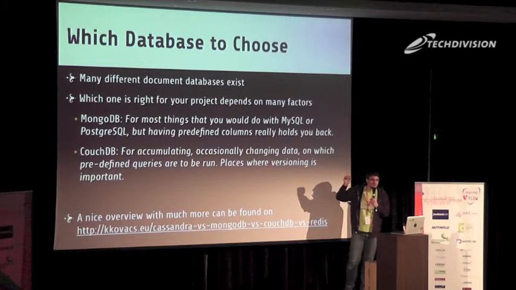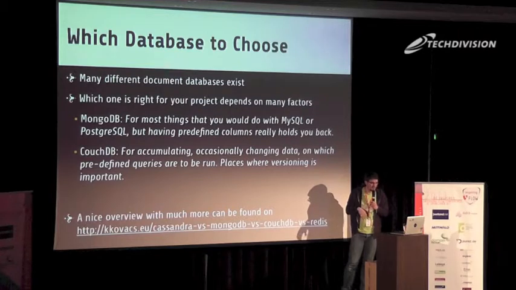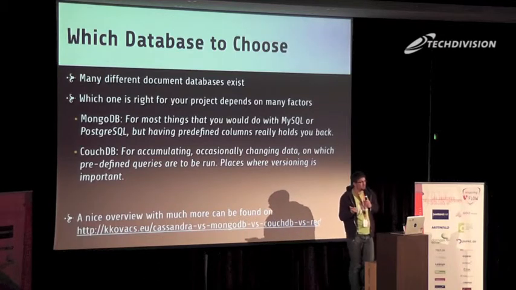With document databases, it's a lot more complicated because they have some really different characteristics. So which one is the right one for you depends on a lot of factors. Two of the more prominent ones are MongoDB and CouchDB.